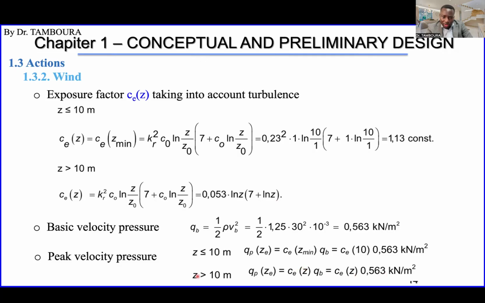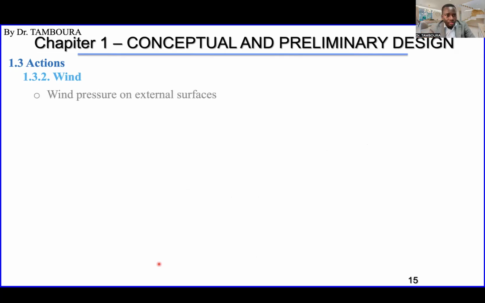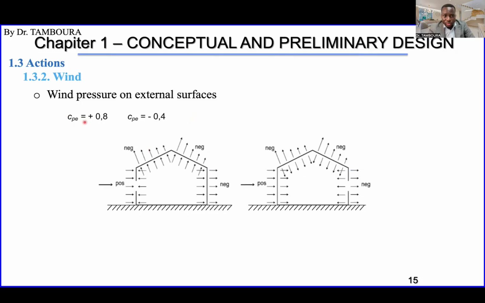Then we have to use this peak velocity pressure to obtain the pressure on the wall of the building itself. So the wind pressure on the external surface of the building, we have to consider this coefficient.